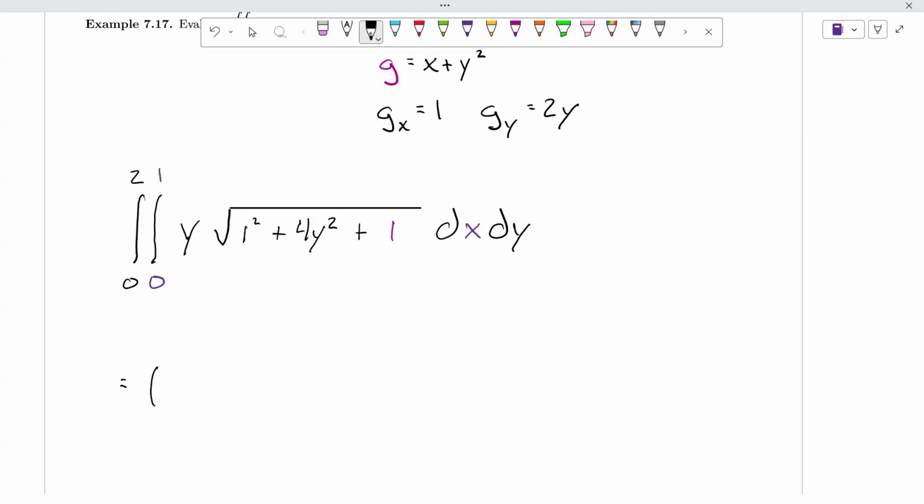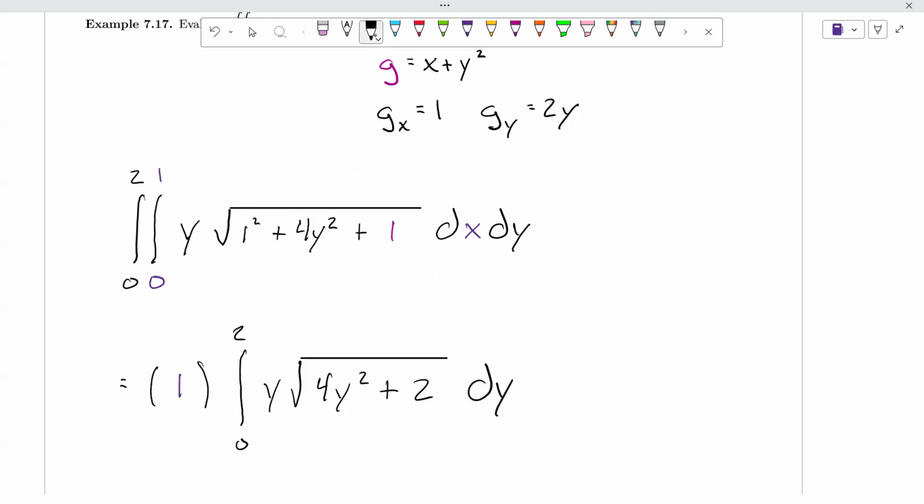So this thing is equal to 1 times the integral from 0 to 2 of y times the square root of 4y squared plus 2 dy.